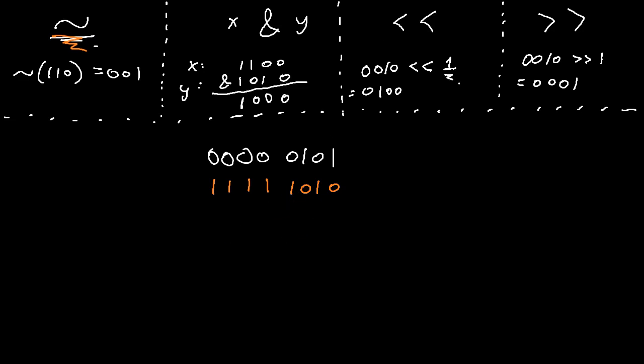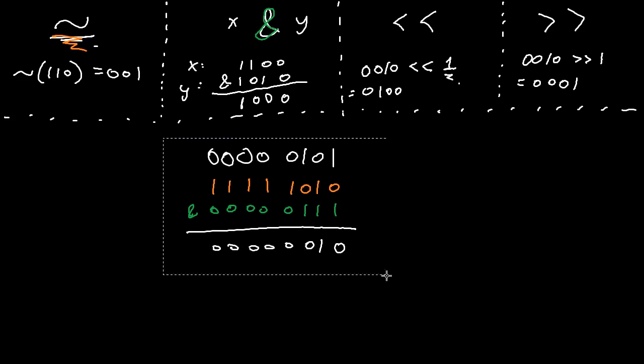We want to AND it. So here is our AND. We want to AND it with this number so that we get our final result of 1, 0, 1, 0, and all of these are zeros.